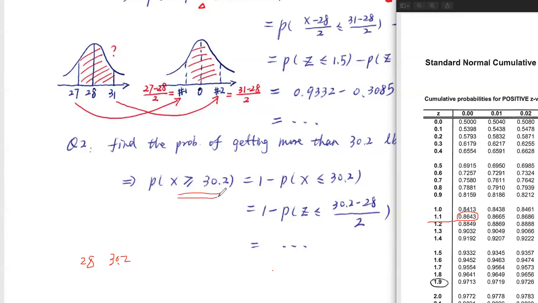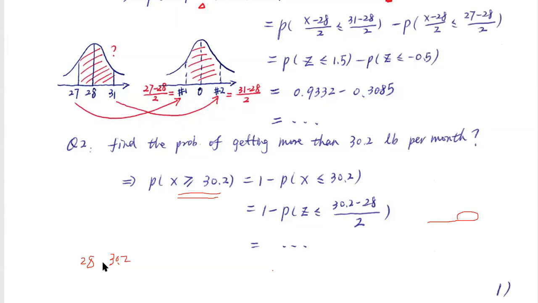Tell me, is more than to the left or to the right? If they're asking for something more than 30.2, is that to the left or to the right? That's another mathematical question. On the standard normal distribution chart, to the right of that 30.2 is what they're asking for, that area to the right, not anything to the left of it.